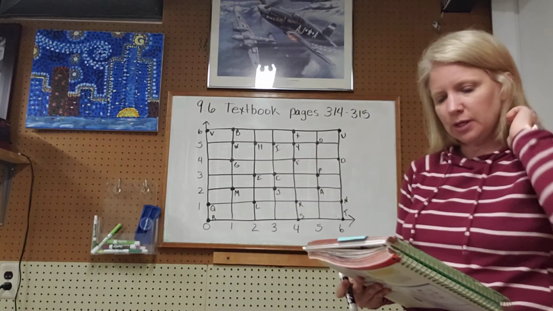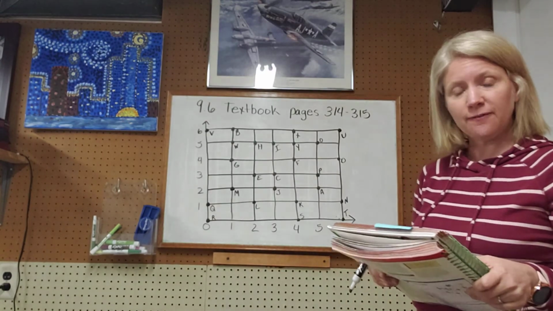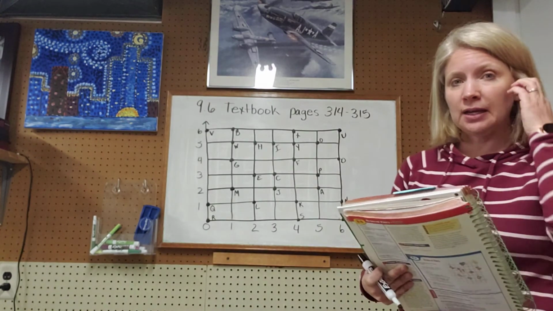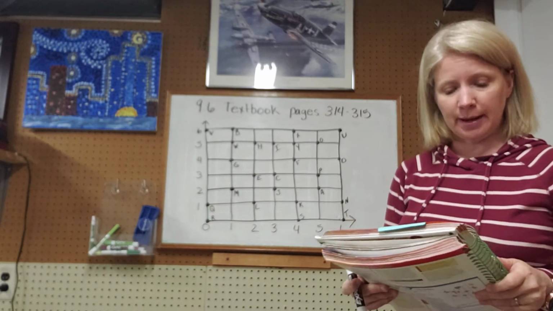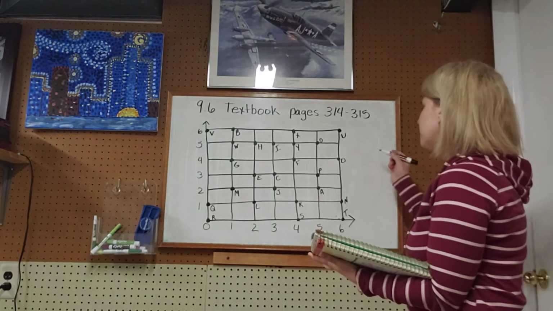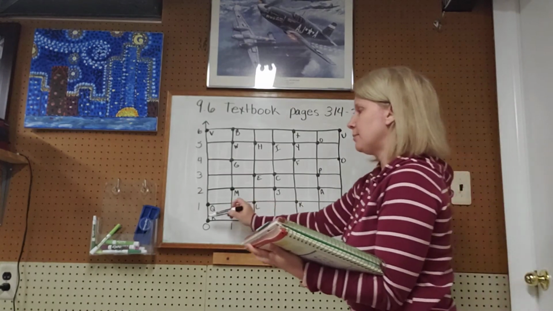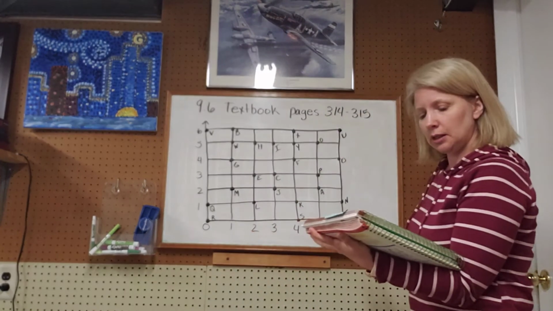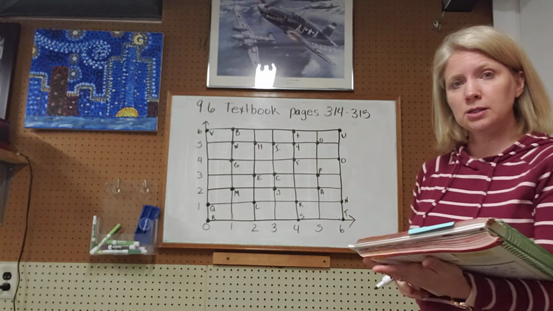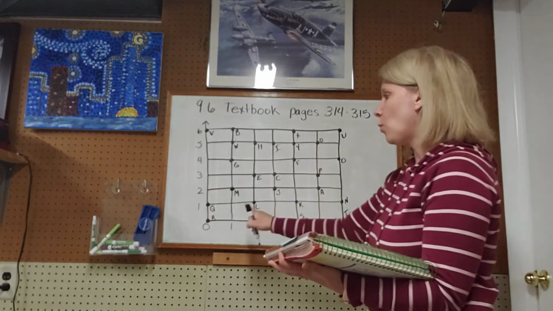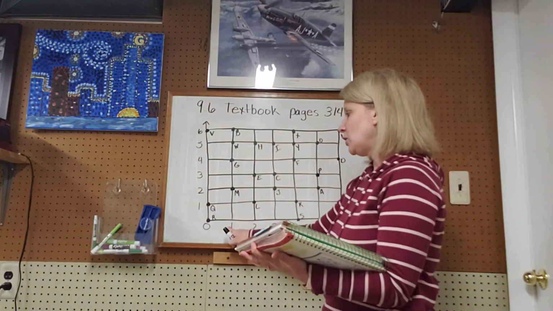For number 9 through 23, it wants you to follow the coordinates and figure out what letter it's talking about. Remember, the first number is to follow along the bottom, and the second number is for the side. Let's look at coordinate 1, 2. You go over 1, and then you go up 2.